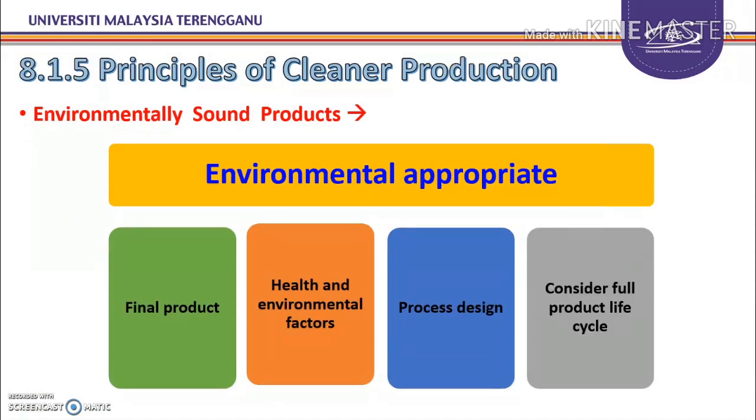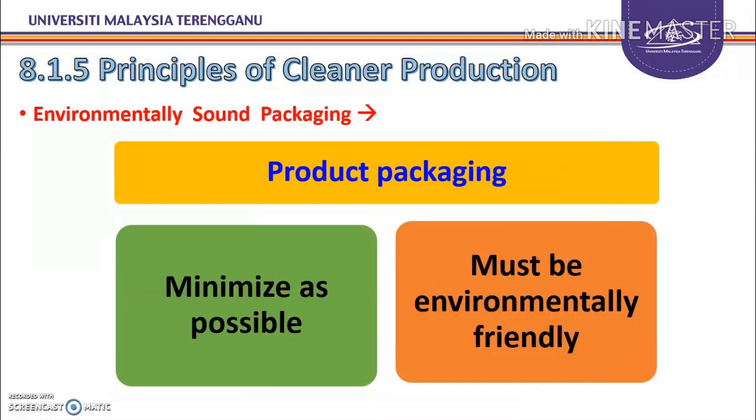Okay, and then environmentally sound product. We try to make our final product environmentally appropriate, considering health and environmental factors in the process design and considering the full product life cycle. We will see life cycle assessment in the next chapter of this course.